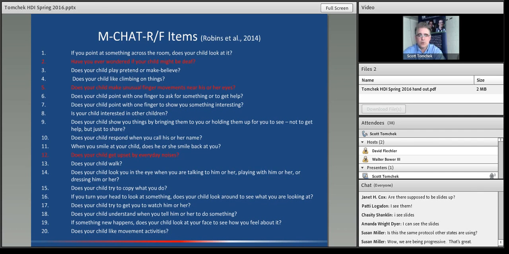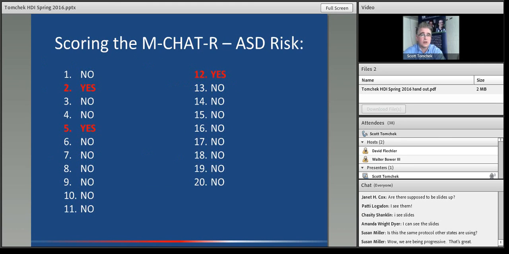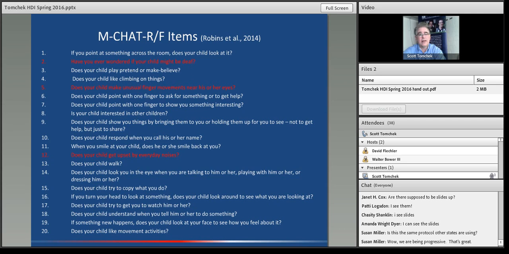The service coordinator or whoever's administering the follow-up questions would ask the family to give them an example of his or her pretend play. And if the family can't, there's a script. Does he ever pretend to eat from a toy spoon or fork? Does he ever pretend to talk on a telephone? So that in the end, you can get this pass-fail, which is used to score and determine where the child goes from that point forward.